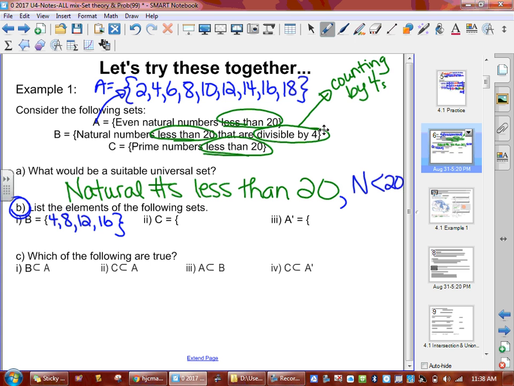Set C wants the prime numbers less than 20. This is where we have to make a note. 0 and 1 are not prime numbers. Your first prime number in any list will be a 2. The number 1 is not a prime number, neither is 0.